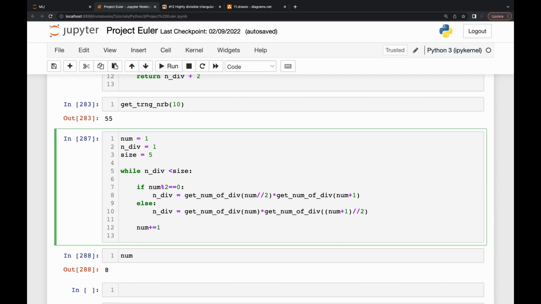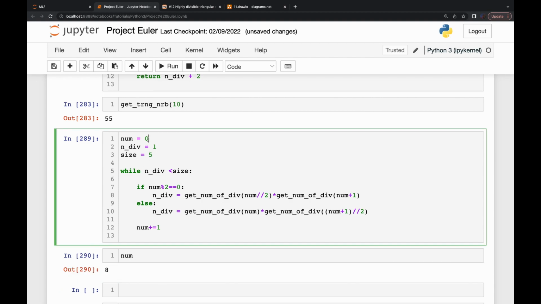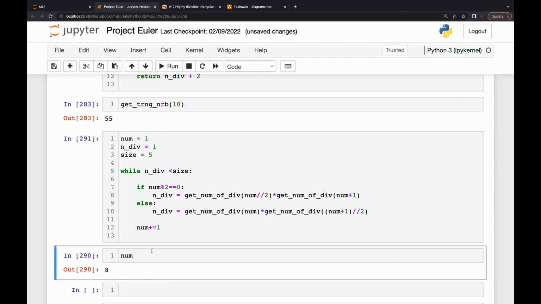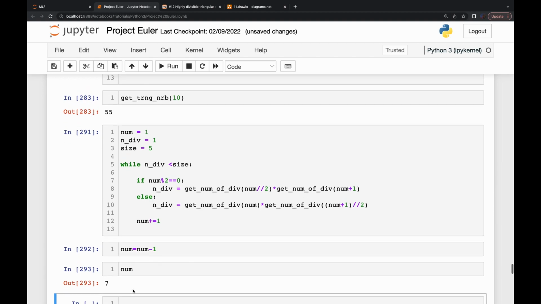And by the way, let me try with this. Still giving me 8. Fine, because we are just running one extra loop, so that means our ultimate number should be number is equal to number minus 1.